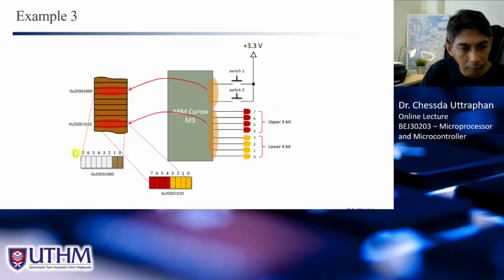So when bit number 0 is 1, switch 1 is pressed. When it is 0, switch 1 is not pressed. To turn on the LED, for example LED 0, we just set this bit to 1. Now the LED is on, right?